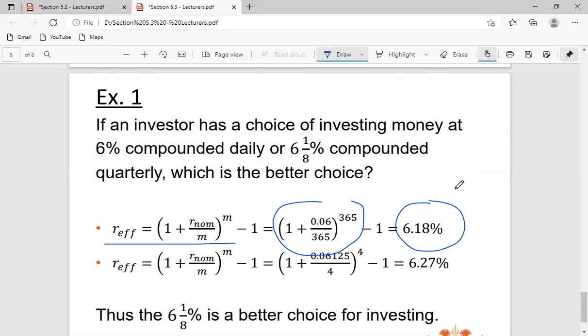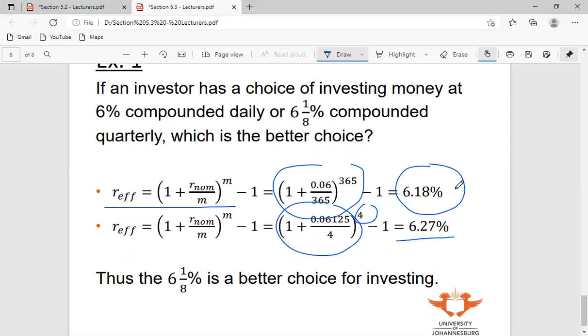And you use the same formula to convert 6 1/8% compounded quarterly. So it's quarterly, so my M is 4 in this case. Substitute the nominal interest of 6.125%, then you get 6.27%. So the 6 1/8% compounded quarterly is a better choice for investment because it's got a higher effective interest rate. Okay, thank you.